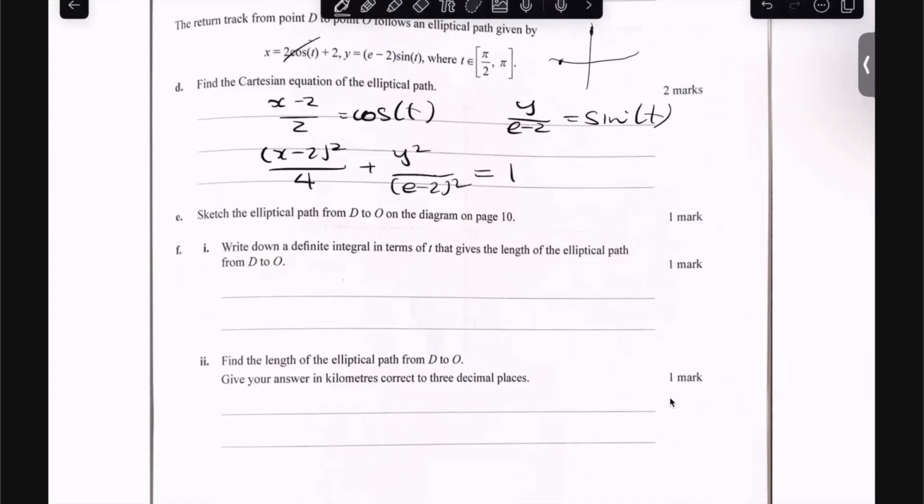So that would be the integral from pi over 2 to pi. I'm just going to do the parametric, because I can't be bothered finding the x and y's, even though I've already gotten it. But here you've got dx dt squared, so you can say negative 2 sine t squared, so you can say 4 sine squared t.